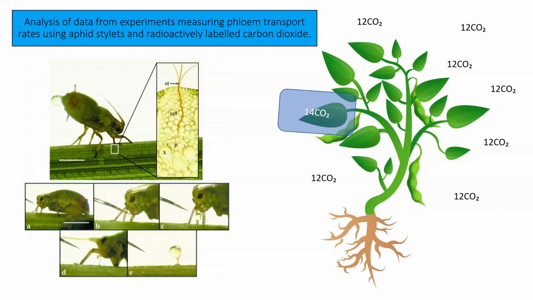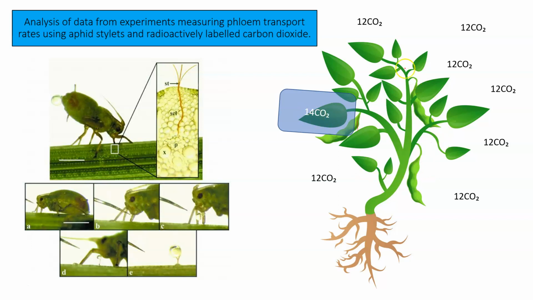And researchers took radioactive carbon dioxide and isolated it to one particular leaf. So all of the sugars that this particular leaf produced via photosynthesis would have radioactively labeled carbon.